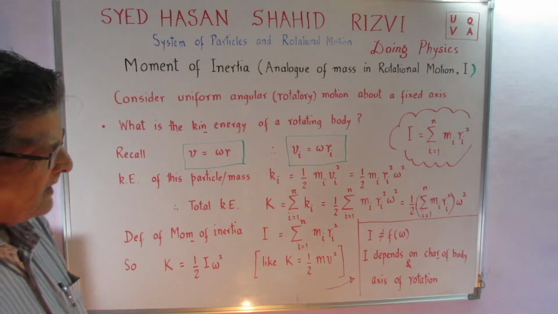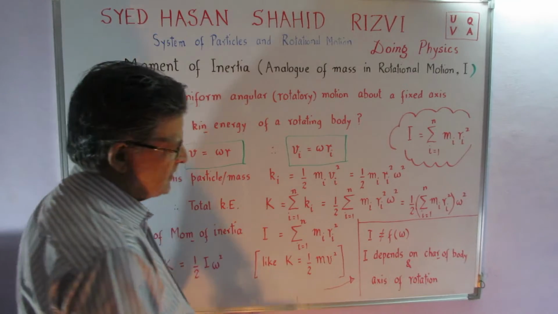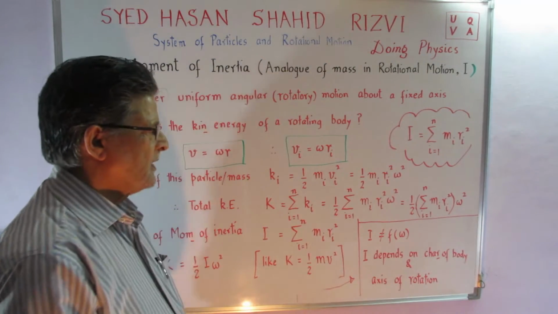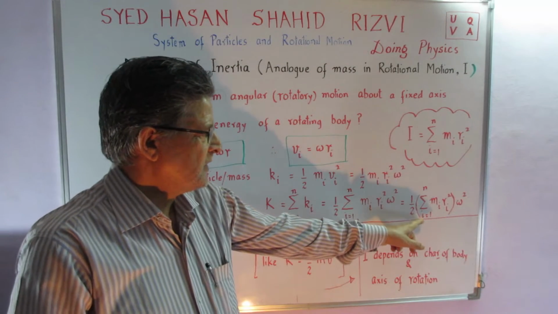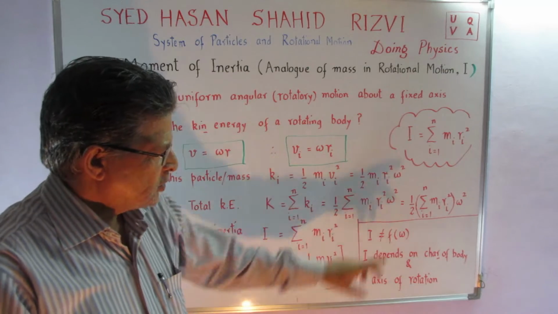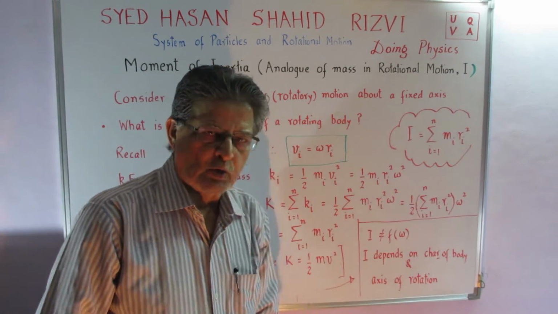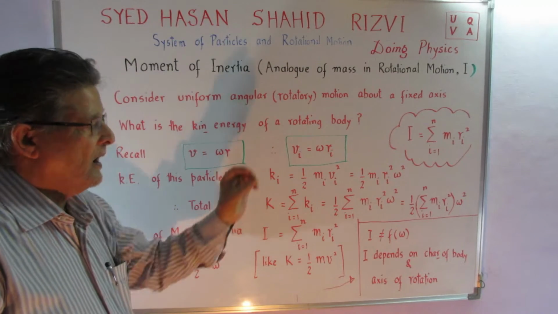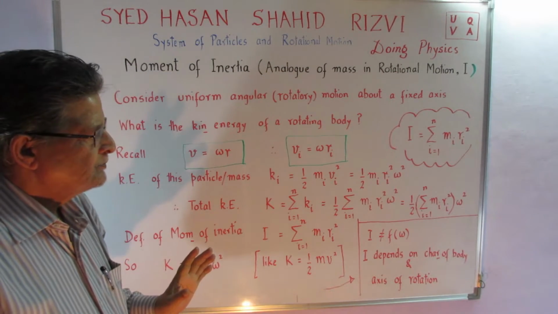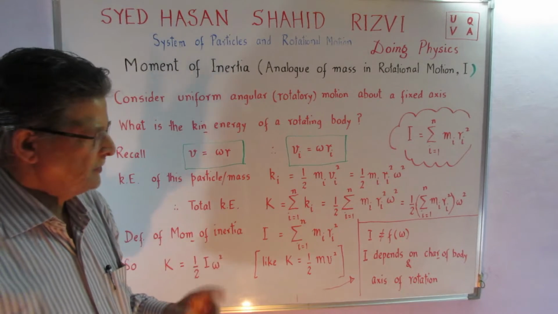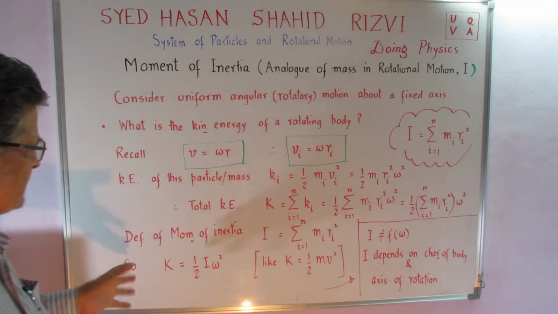And what we do is we just rearrange the terms: half sigma of i to n mi ri square, total this, multiplied by omega square. Remember, omega is constant for a rotating body. This is about a fixed axis, etc.